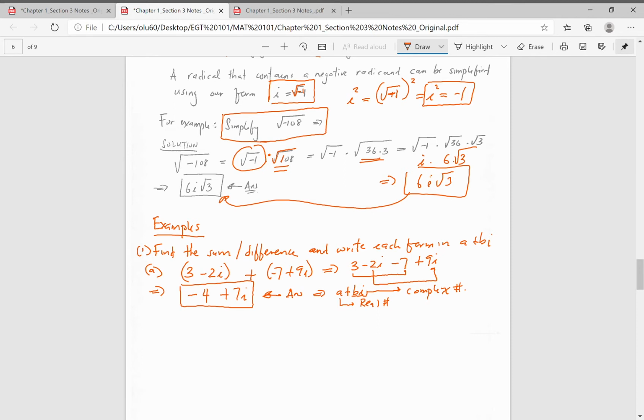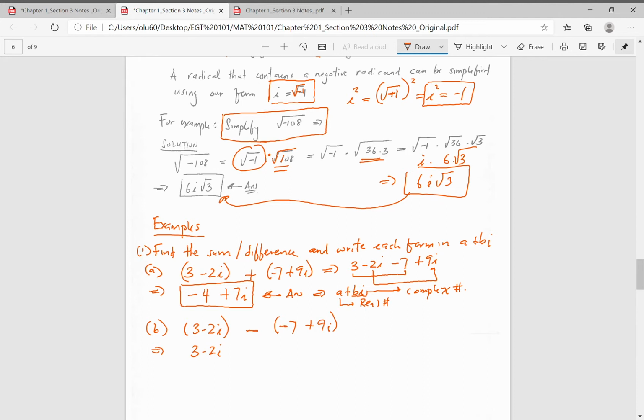Okay, so let's try another one, B. We have here 3 minus 2i minus negative 7 plus 9i. Okay, so we want to resolve this. We want to open up the parentheses as our next step. It's 3 minus 2i. Well, this minus times this negative is a positive.